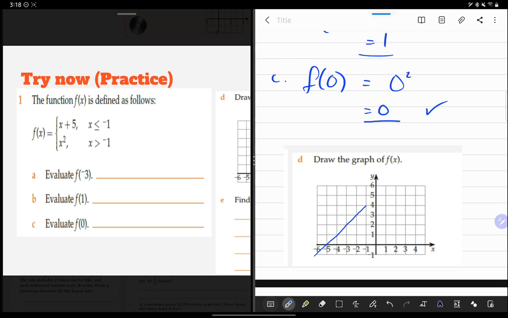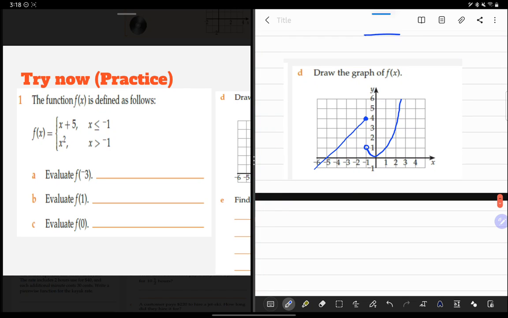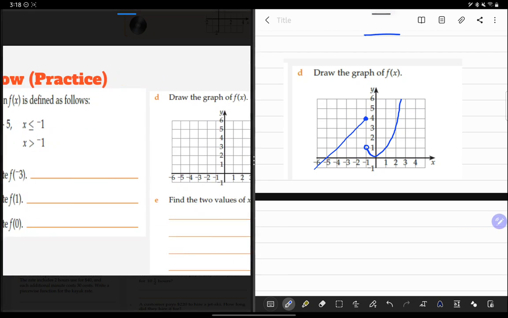And then we have the quadratic that goes something like that. Right. Now, we know that the first equation, the top equation, x plus 5, is the one that includes the -1. So that's the one with the full filled in circle. And this one will have an empty one there. And there it is. Cool. So we've just drawn a part of a quadratic, and then we've also drawn a part of a linear graph. And that's pretty much it.